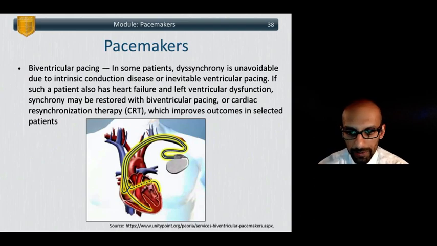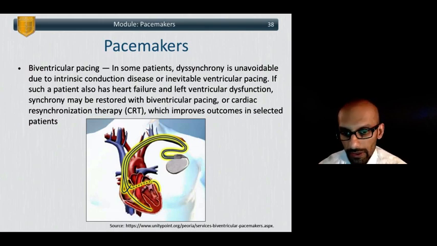And biventricular pacing is something you should be aware of as well. Most pacers, simple pacers, have a lead in the right atrium and the right ventricle, and pace the sinoatrial node and the AV node. But you may need a pacer wire into the left ventricle if you want to achieve full synchrony of the two ventricles contracting in concordance.